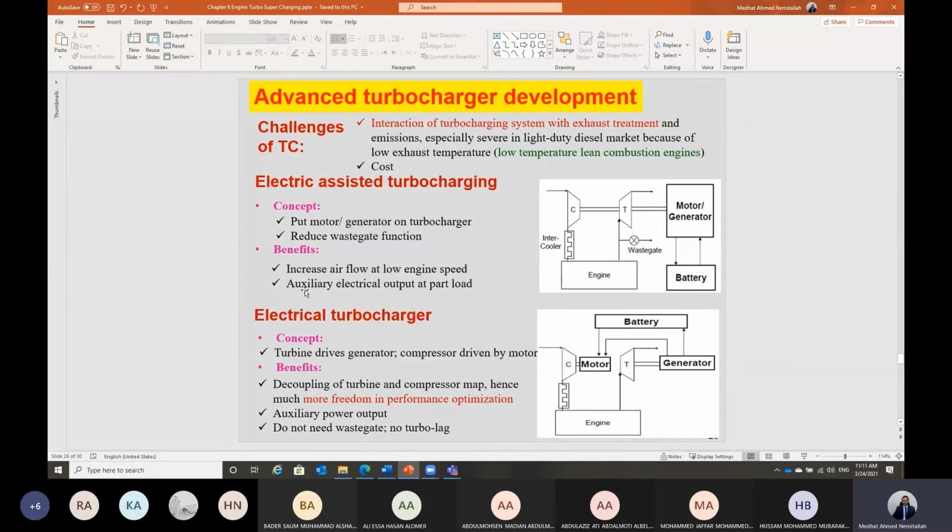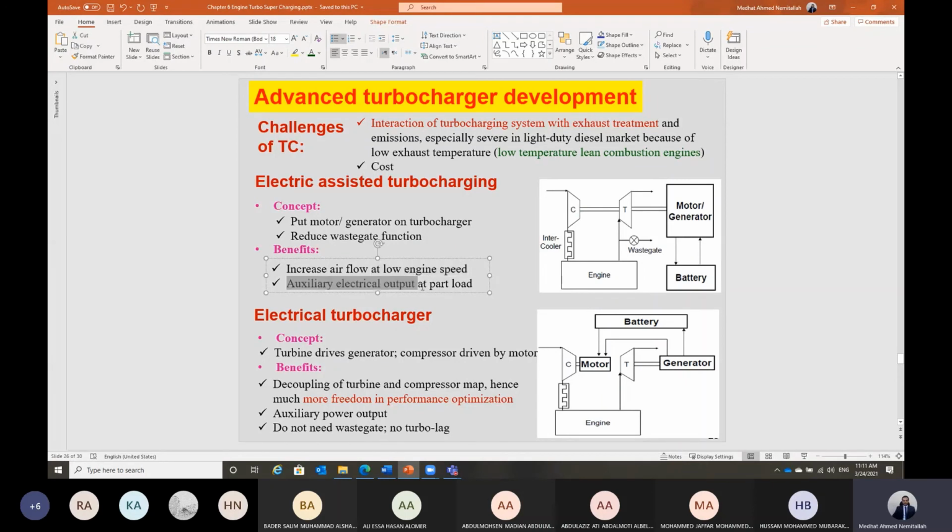So the benefit from this design, Shabab, is that it will increase the airflow rate at low engine speed. We said at low engine speed, the turbocharger is suffering because we don't have enough exhaust gas to generate power for the turbine to drive the compressor. But using the electrically assisted system, it can enhance the performance of the turbocharger at lower RPM.